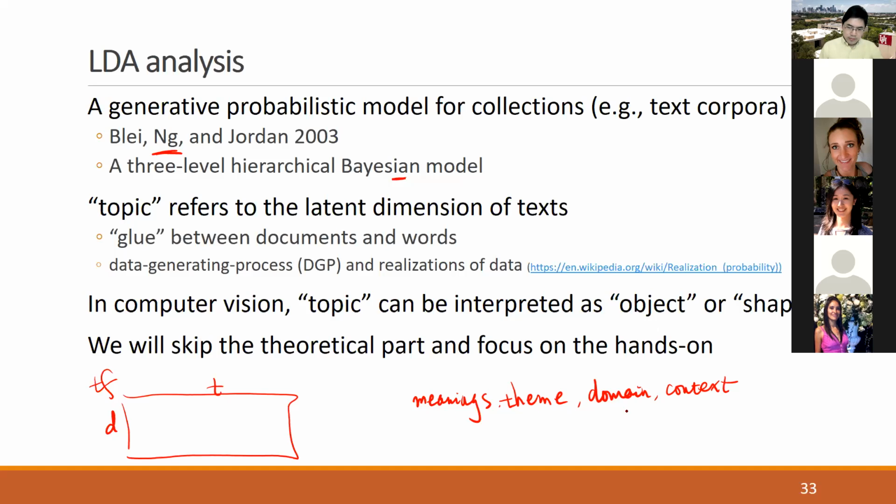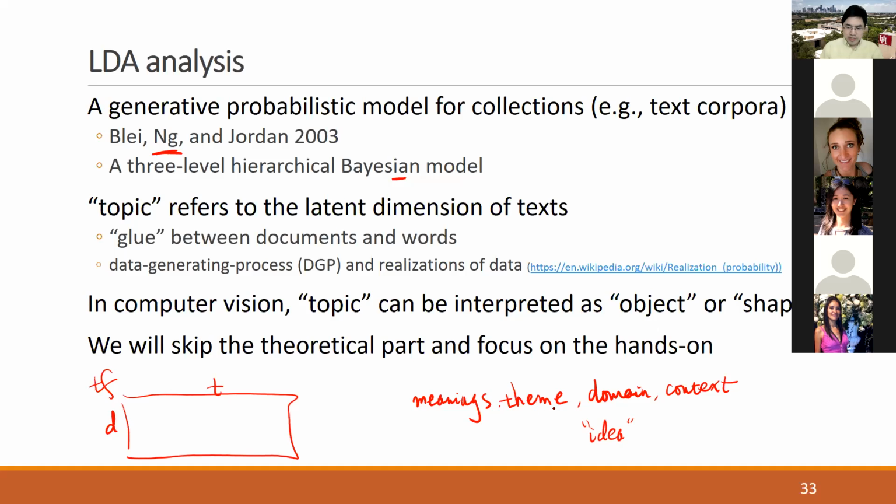Meanings, theme, domain are something. Meanings is a little bit about the words, but theme, domain, context, or idea is a very high level abstract word. So quotation here.